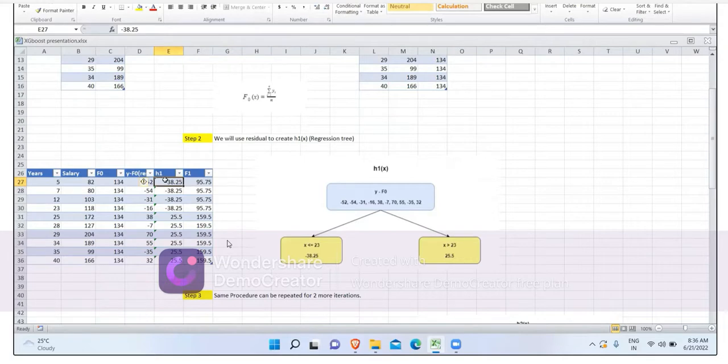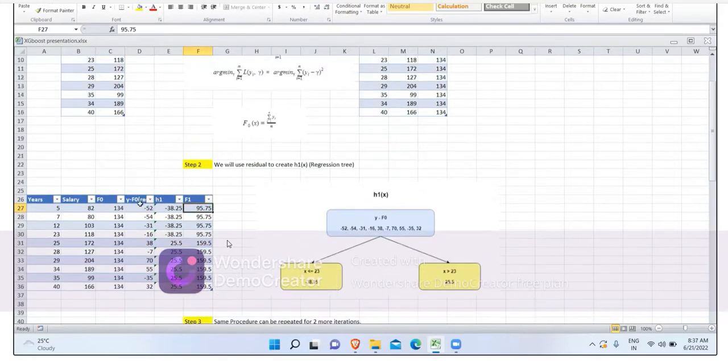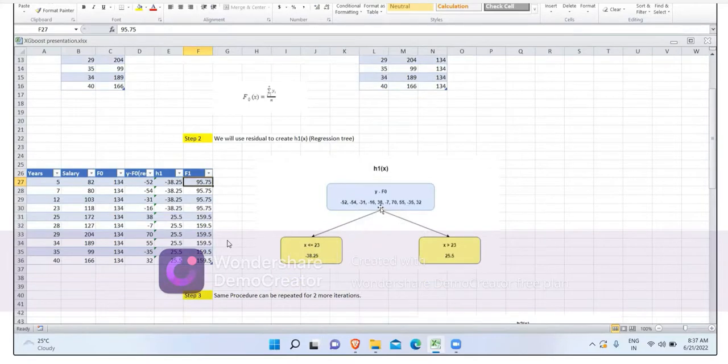So the output h1(x) won't be a prediction of y actually; instead, it will help in predicting the successor function f1(x), which will bring down the residual. So we have created the additive model.